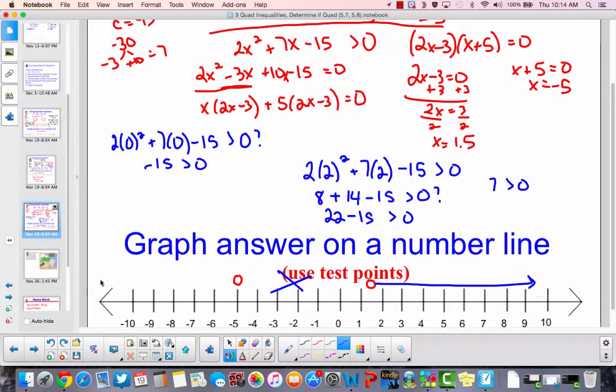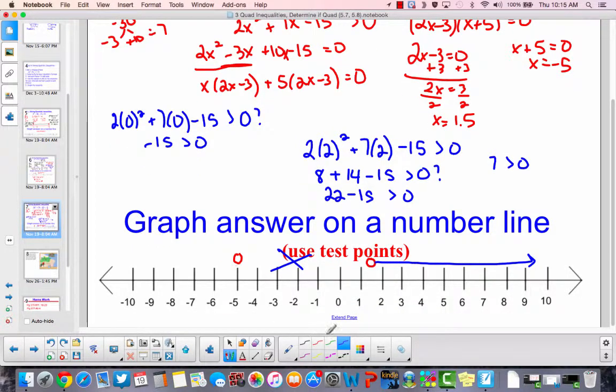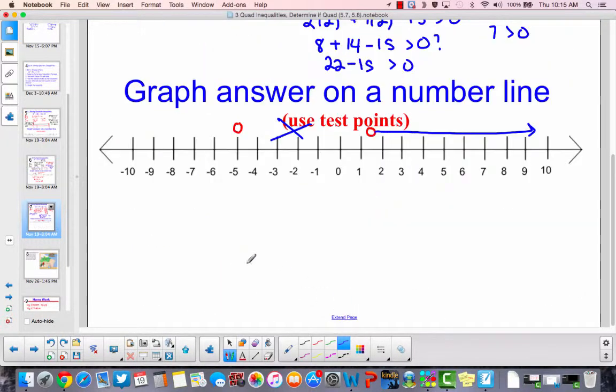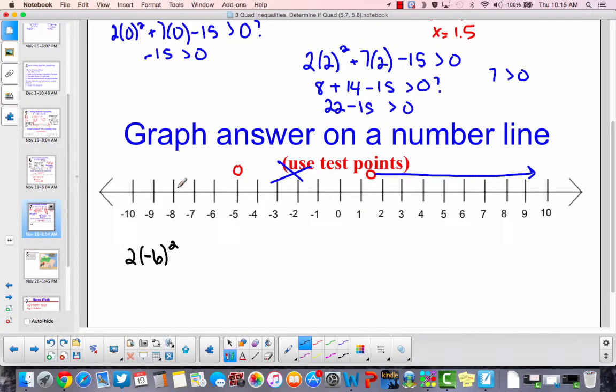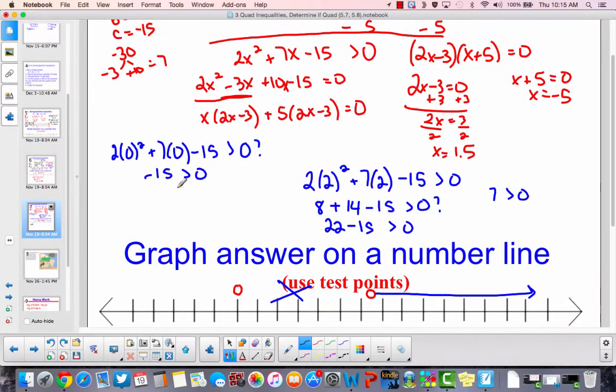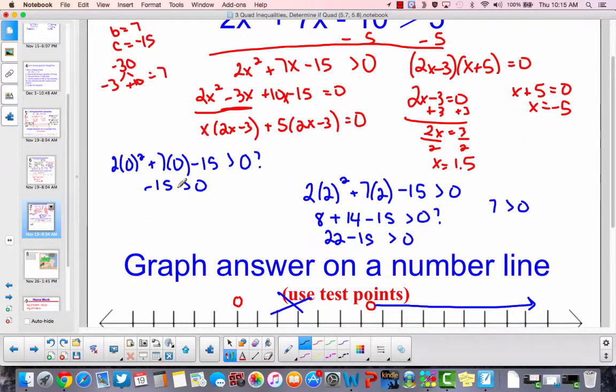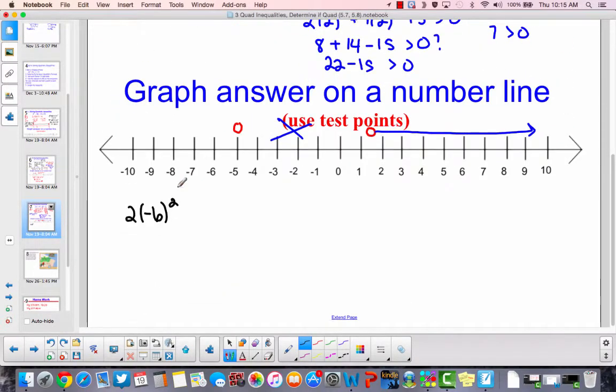Now we need to pick something from this part of the line. Looks like negative 6 is an easy one to pick there. So let's try negative 6. It was 2 times negative 6 squared plus 7 times negative 6 minus 15.